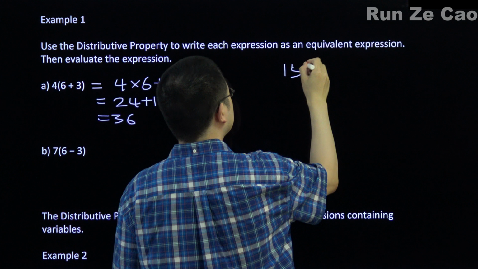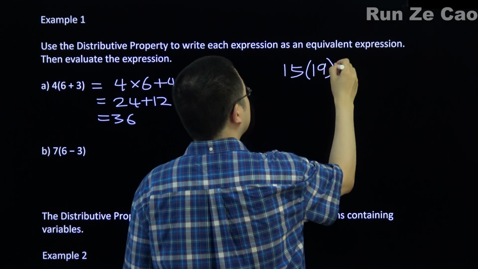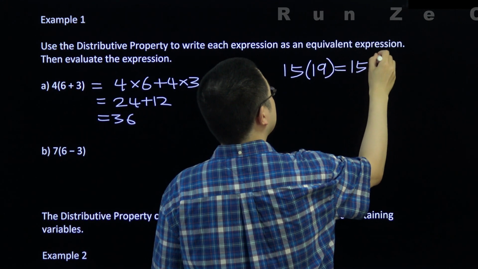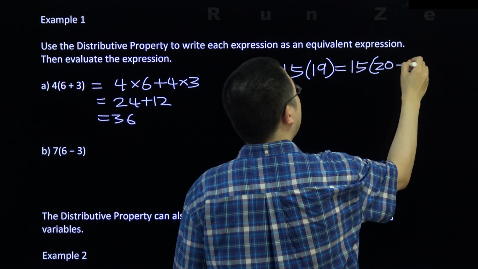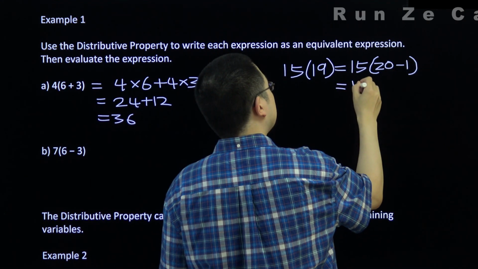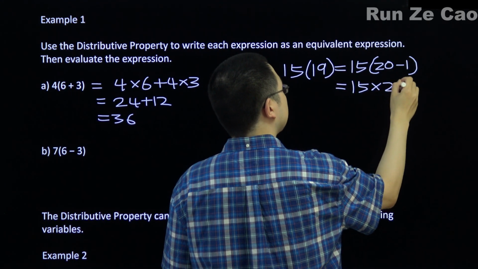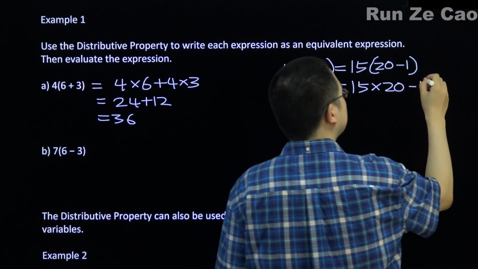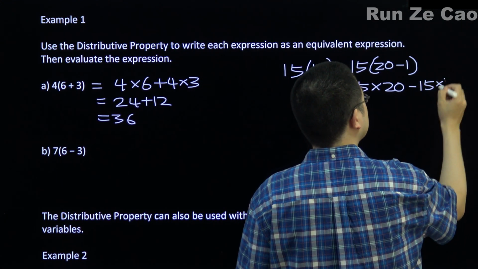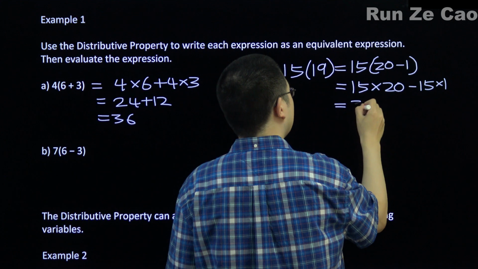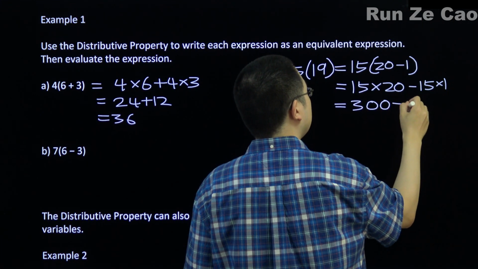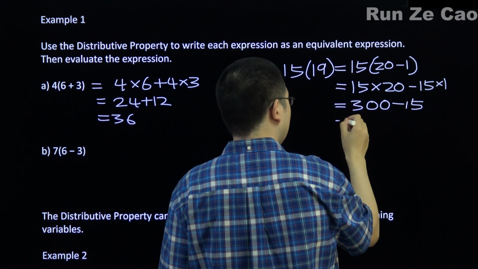Like, say, 15 times 19. Well, that's equal to 15 times 20 minus 1. So 15 times 20 minus 15 times 1 equals 300 minus 15.